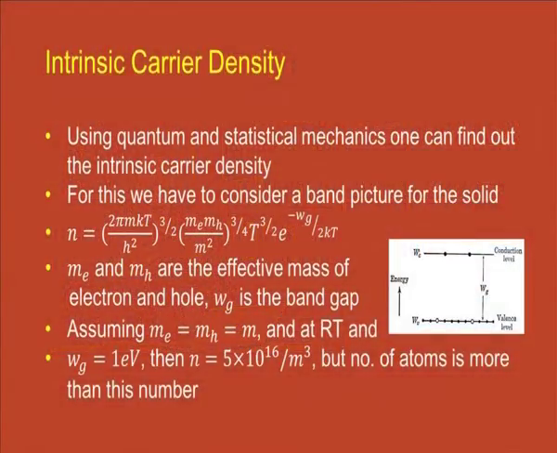The conduction band energy levels are higher than the valence band energy levels, and there is a gap between the conduction band and valence band which is called the energy gap.